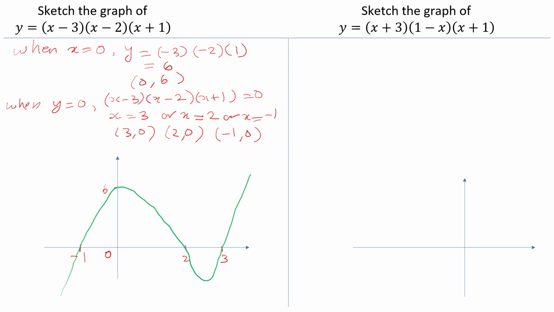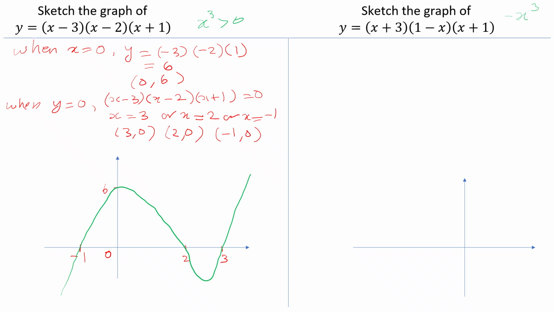So now the next one, sketch the graph of x plus 3 times 1 minus x times x plus 1. Now here, in the first one, x cubed was greater than 0. Now here, you can see x times minus x squared times x is minus x cubed.